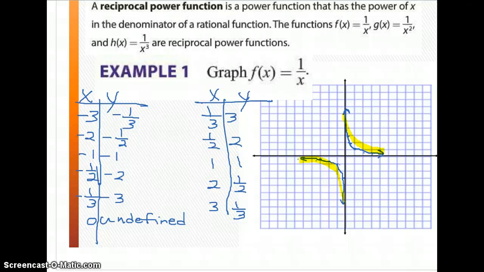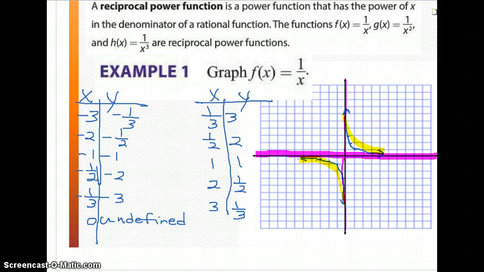Now, where y is undefined, we will have a vertical asymptote. It will never reach that y-axis in this case. So we have a vertical asymptote right here, and a horizontal asymptote right here because the graph will never reach the x-axis either.